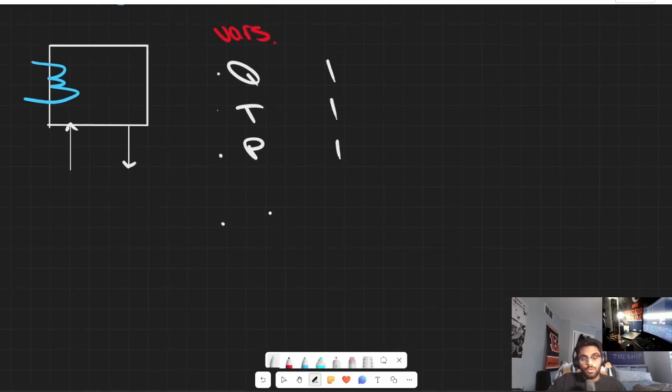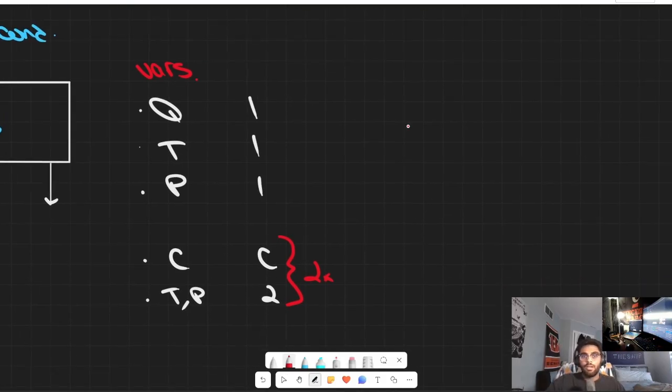And then we also will still have our C term for our components, and then our temperature and pressure. So this is 2. And now this is for 2 streams. So you have an entering stream and an exiting stream. For our equations, for the most part, it remains the same.